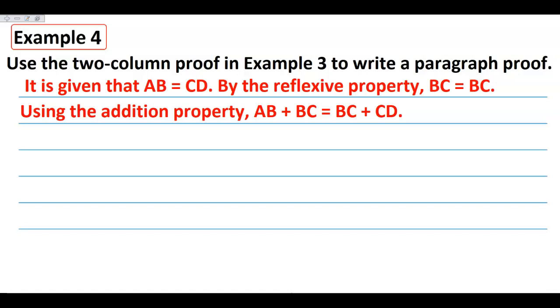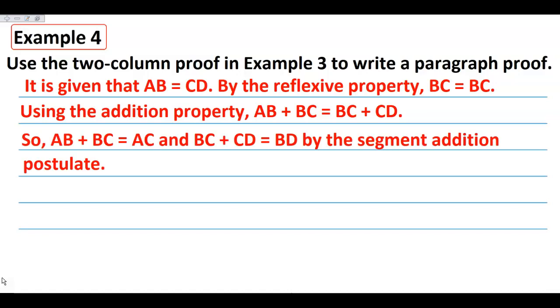So then our next step, if we look in our proof, step 4 was AB plus BC equals AC and BC plus CD equals BD, and to get that, we use the segment addition postulate. So now I'm going to write, so AB plus BC equals AC, and BC plus CD equals BD by the segment addition postulate. All right, and then we're on step 5, which was AC equaled BD by substitution. So I like to wrap up a proof with a therefore, AC equals BD by substitution.